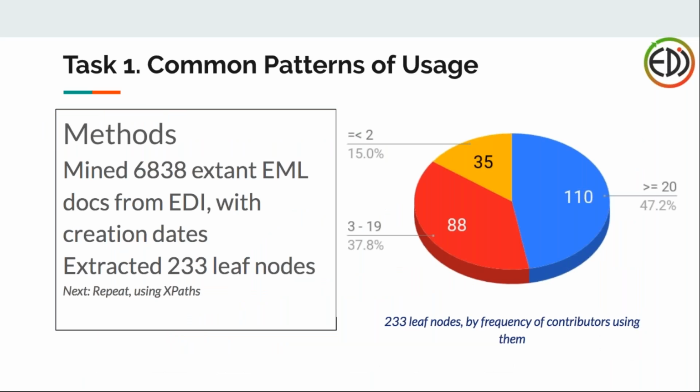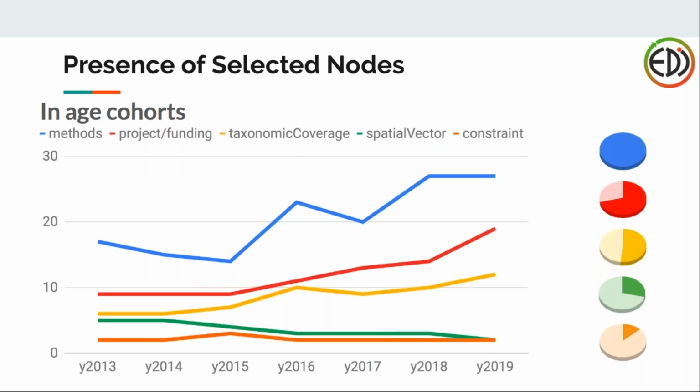Now we can also look at it over time because they also mined the creation date. So we can see these are all extant documents. If you were in the earlier session where we talked about metadata checking, you heard me refer to this as a population study. This is similar. Each of those years along the bottom could be like the birth year of a population.